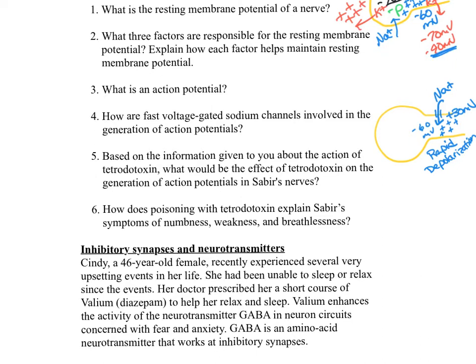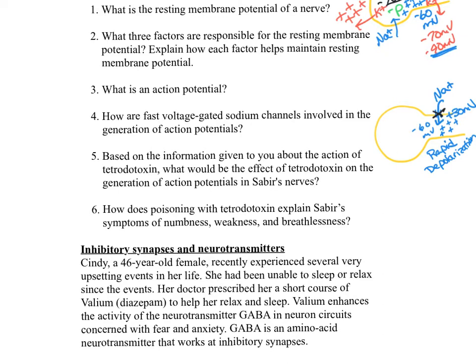So if these are blocked and sodium cannot come in, this would result in the inability to generate an action potential in a nerve. So even though threshold potential is reached, there could be no rapid influx of those sodium ions, and therefore no rapid depolarization would occur of the nerve cell. So no active action potential would be able to occur.